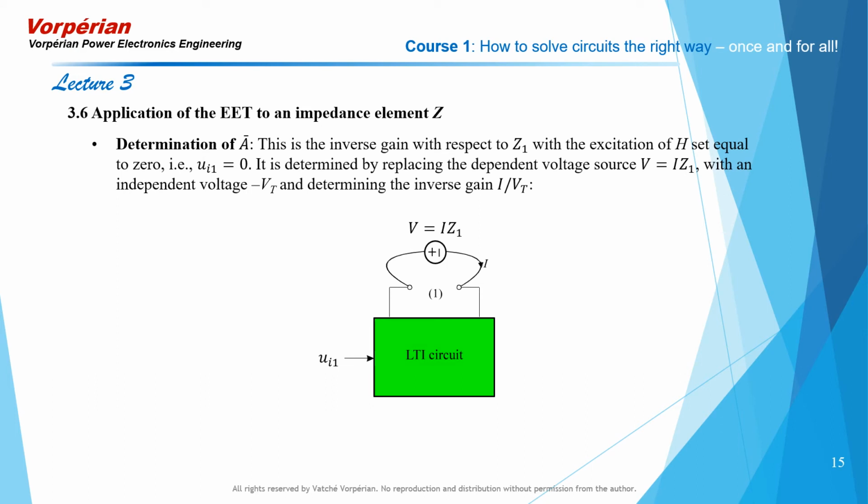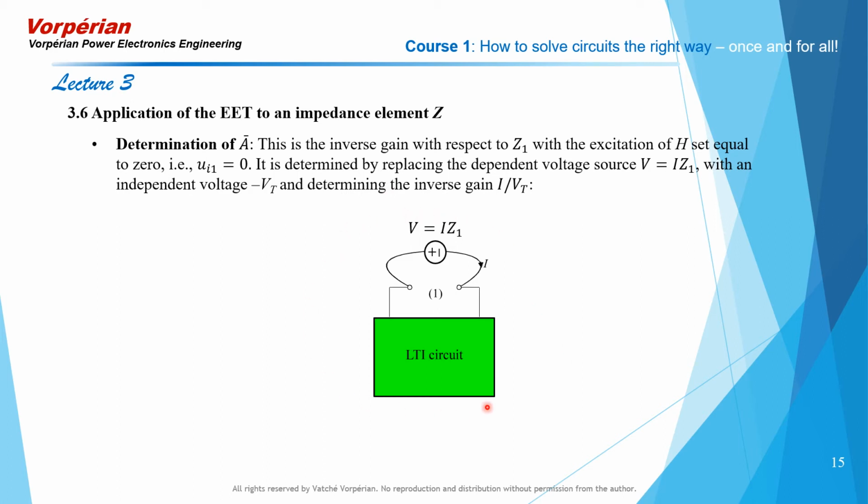Let's move on next to the determination of Roman A bar, the inverse gain with respect to Z1 with the excitation set equal to 0. When we do that on this block diagram, input 1 drops out because we set it equal to 0, and we are left with this configuration here.